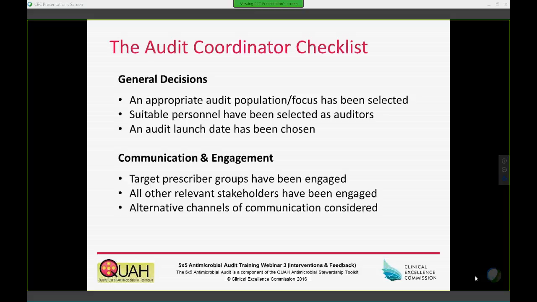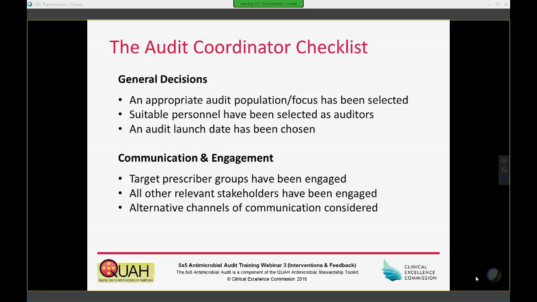So in terms of basic decisions that you have to make up front, you'll need to select an appropriate audit population, remembering that your data collection should be as focused as possible, so usually on a specific location or specialty within your hospital, depending on your hospital size, but while still trying to maximise the likelihood of producing 20 solid audit records.